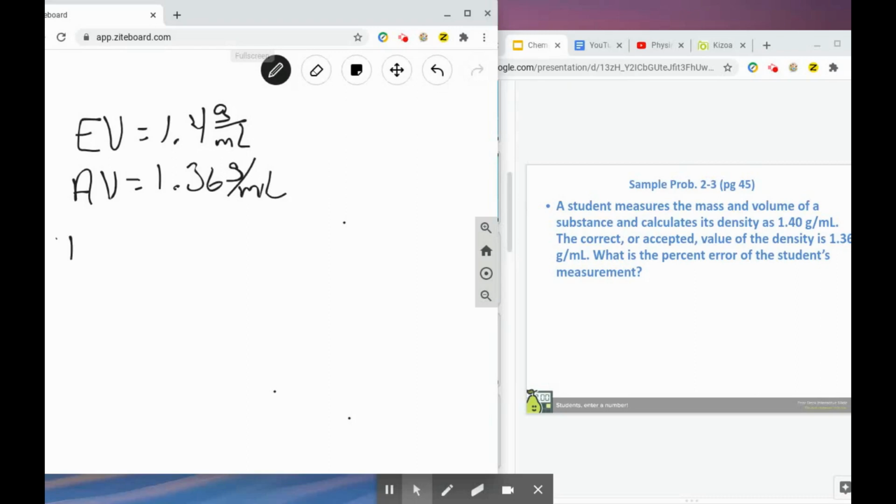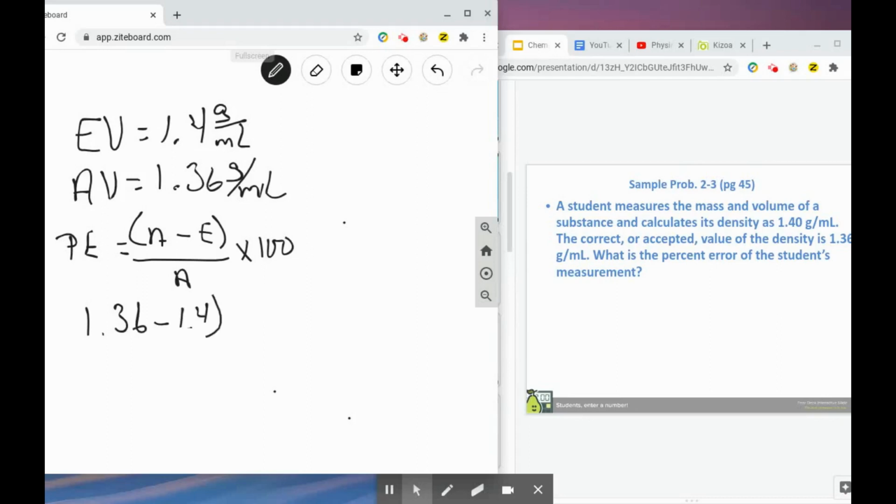And we are looking for the percent error. Percent error, we know, is accepted value minus experimental, over accepted, times 100. So we plug this in: 1.36 minus 1.4, all divided by 1.36, times 100.